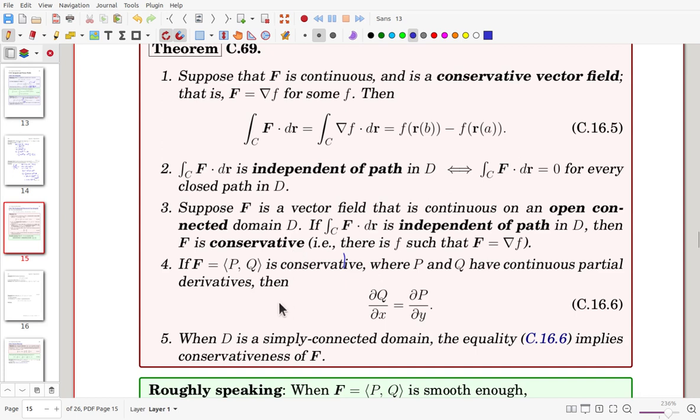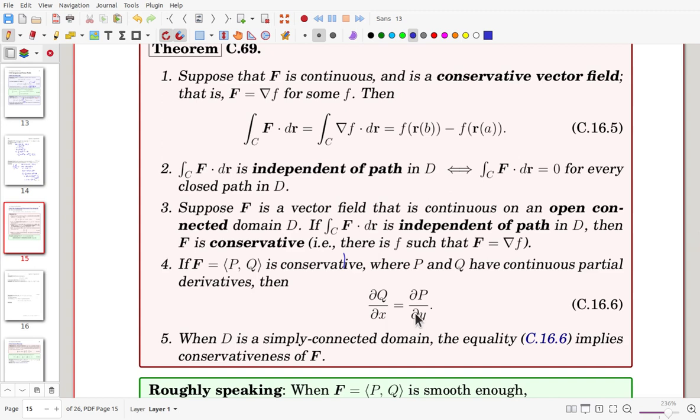Now, once the vector field in the plane, P Q, is conservative, and P and Q have continuous partial derivatives, then we have that equation: Q sub x is the same as P sub y.